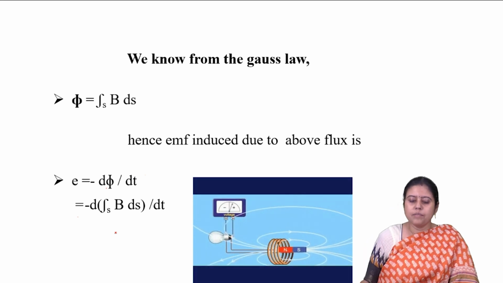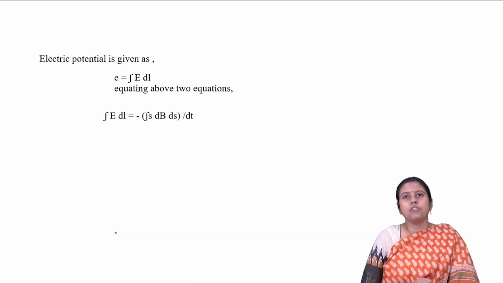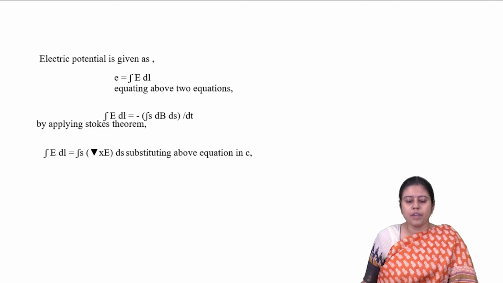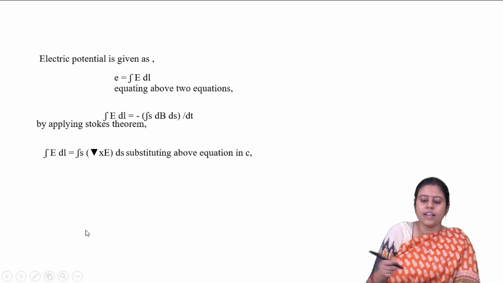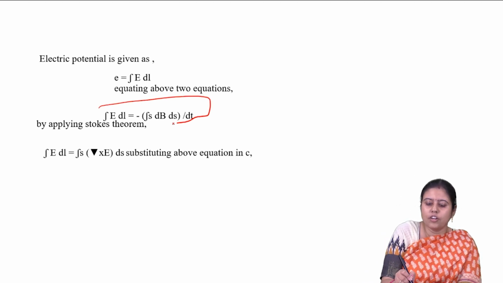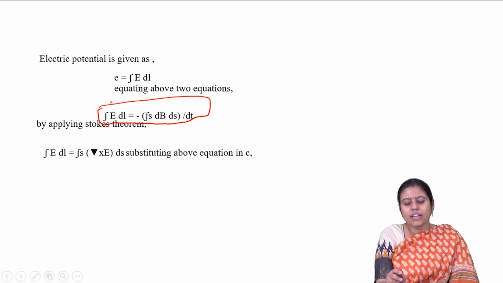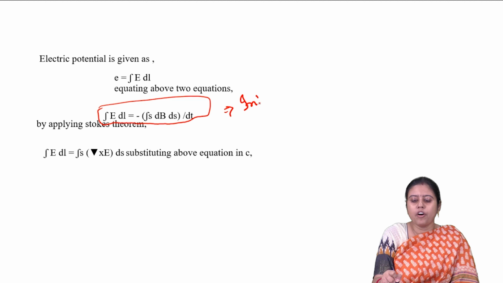Again we know E is equal to the integration of E dl. So if we combine the two things, we will get the integral of E dot dl is equal to minus the integral of dB by dt dot ds. This is the integral form of Maxwell's law.